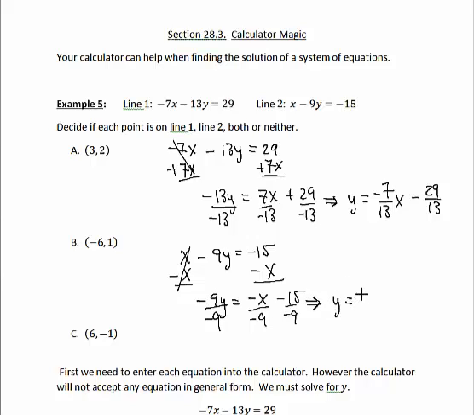We get the y by itself. A minus divided by a minus is a positive 1/9. A minus divided by a minus for the y-intercept is also positive, and the fraction 15 over 9 can be reduced to 5 over 3.